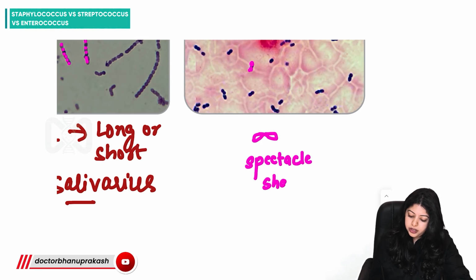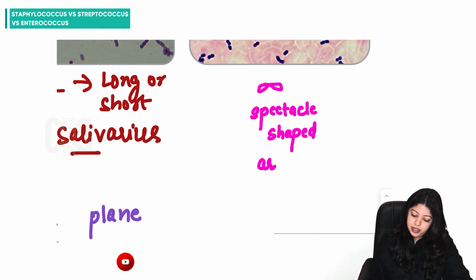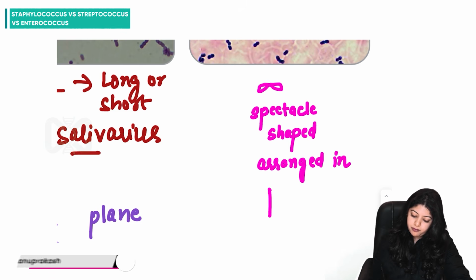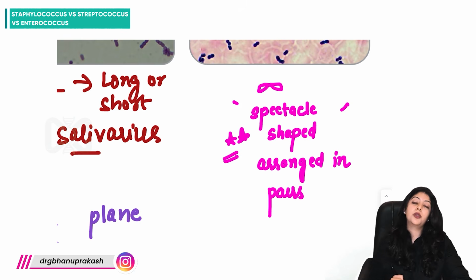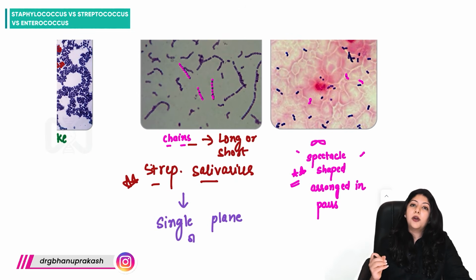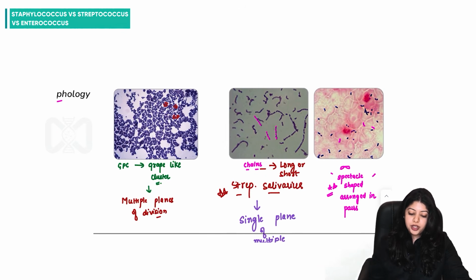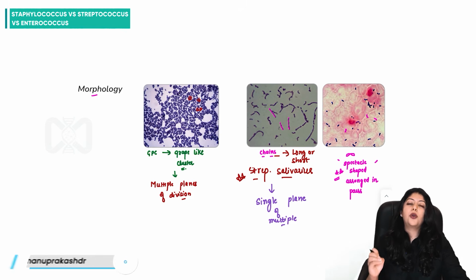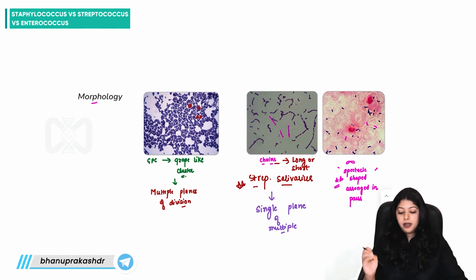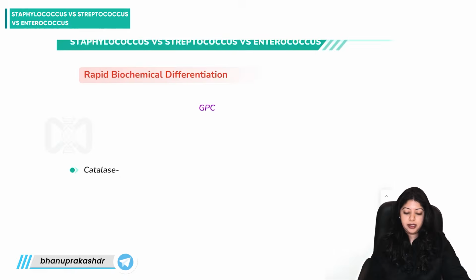These are spectacle-shaped bacteria arranged in pairs. Spectacle is an important buzzword used for Enterococcus morphology observed under the microscope, right? So this differentiates the microscopic characterization of these particular gram-positive bacteria.